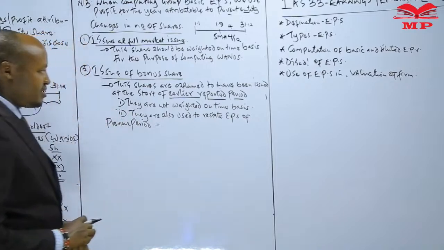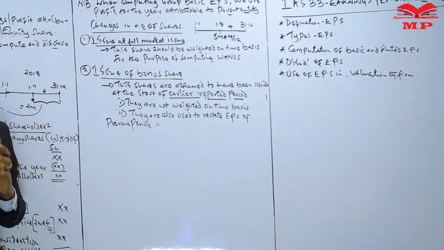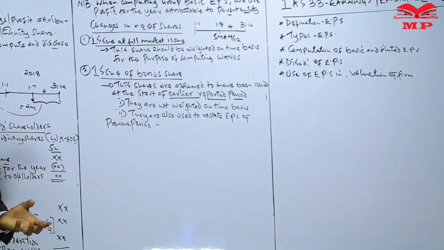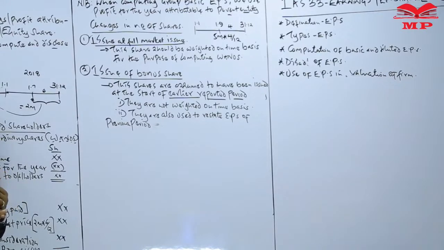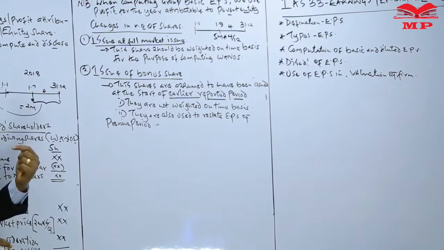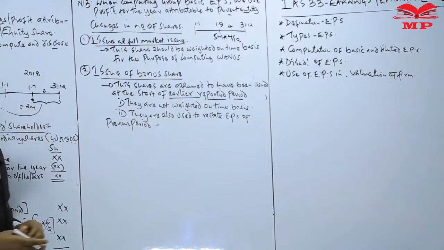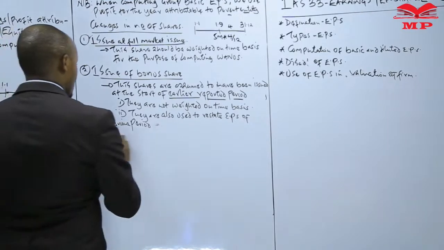That is very, very important: those shares which are issued free of charge to existing shareholders, because they are assumed to have been issued at the start of the earliest reported period, we don't weigh them on a time basis. And 2, we also use them to restate the EPS of the previous year.